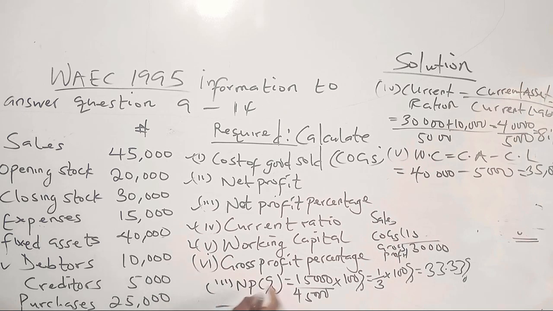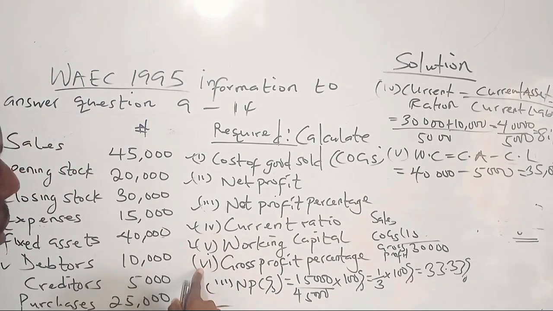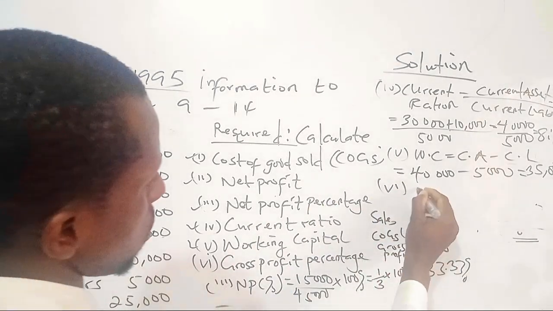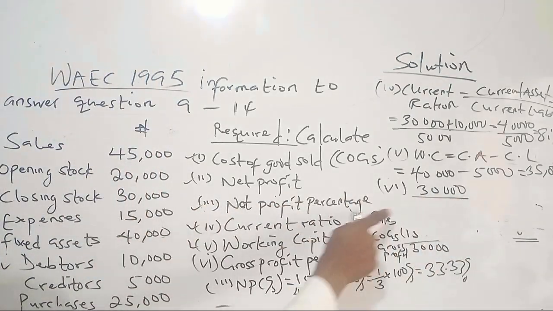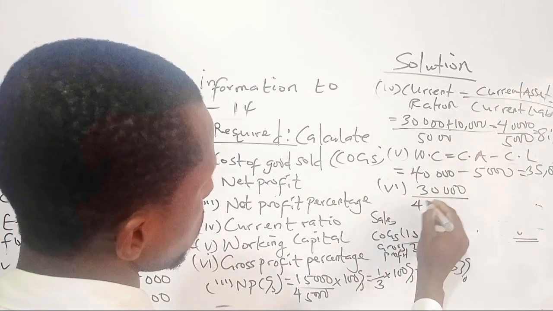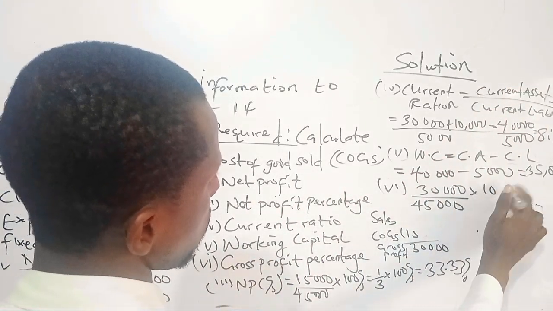Number 6 is to determine the gross profit percentage. Our gross profit is 30,000 naira. We express it as a ratio of sales, which is 45,000, times 100% over 1.